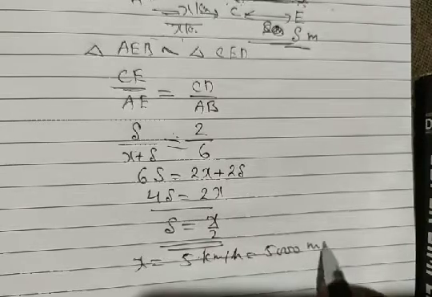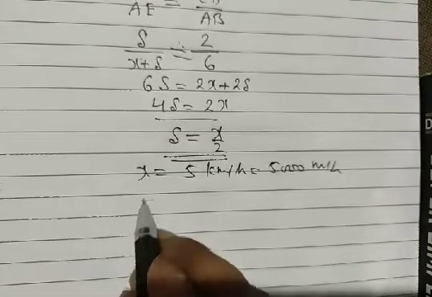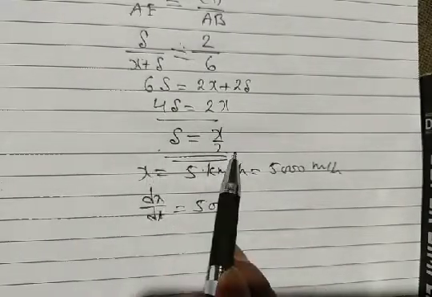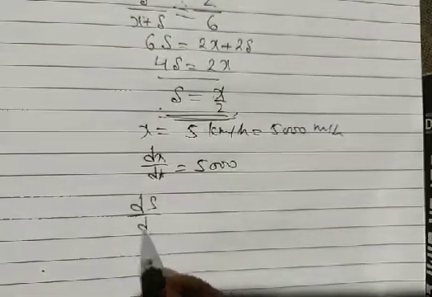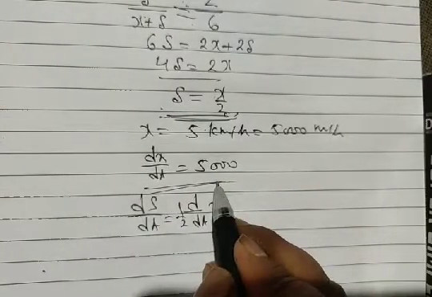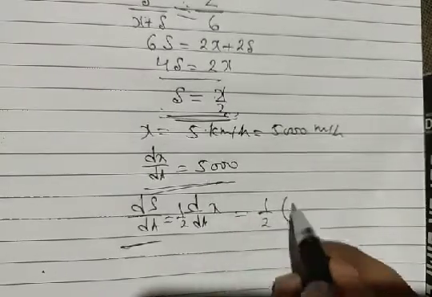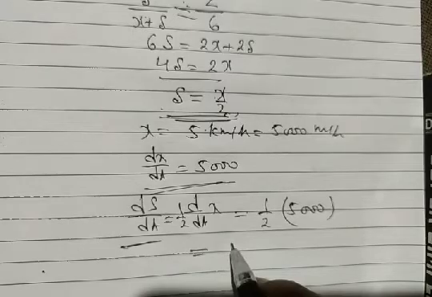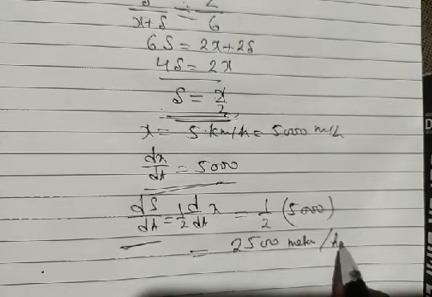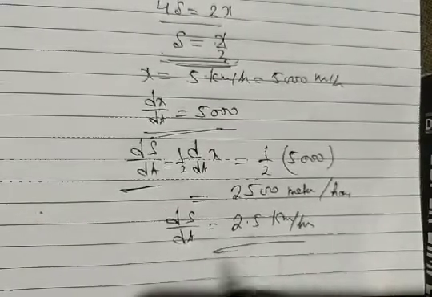Differentiating, ds/dt equals 1 by 2 of dx/dt. Since dx/dt is 5000, ds/dt is 1 by 2 of 5000, which is 2500 meters per hour, or 2.5 km per hour. This is our required answer.